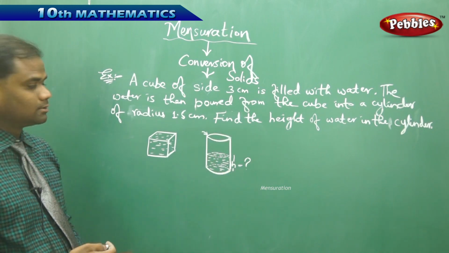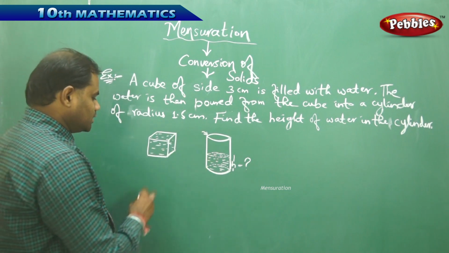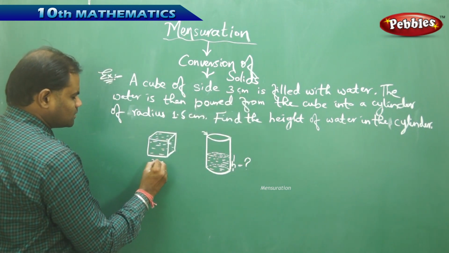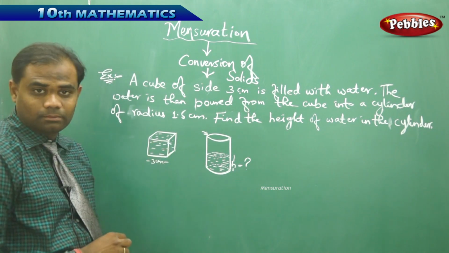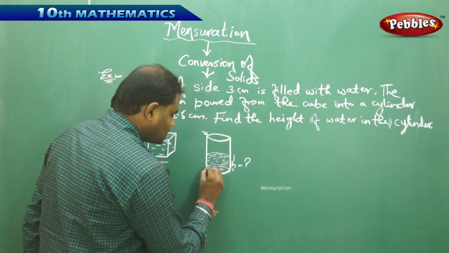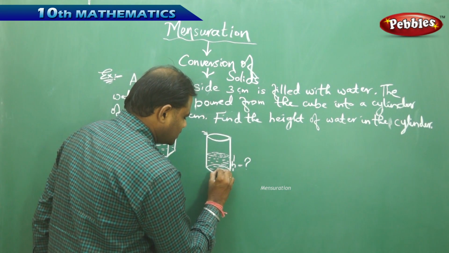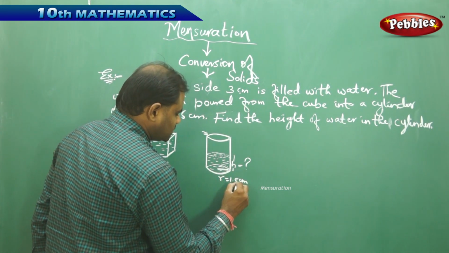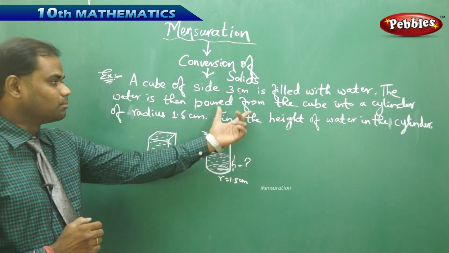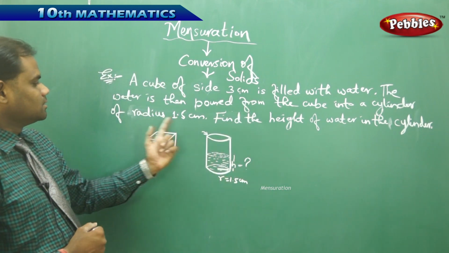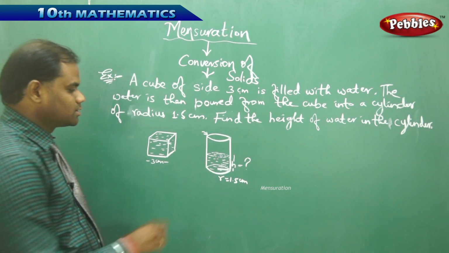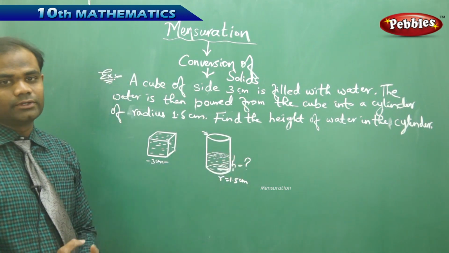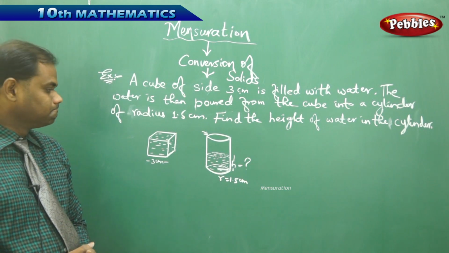Now once the water is poured, I have the dimension 3 centimeters for the cube, and the radius of the cylinder is 1.5 centimeters as given in the problem. The radius is 1.5 centimeters, and the question is about finding the height of the water in the cylindrical vessel.